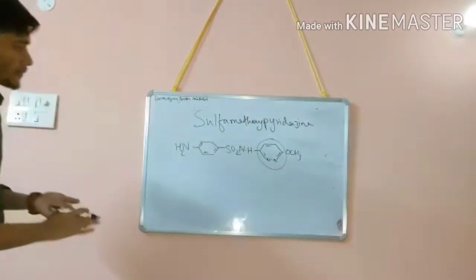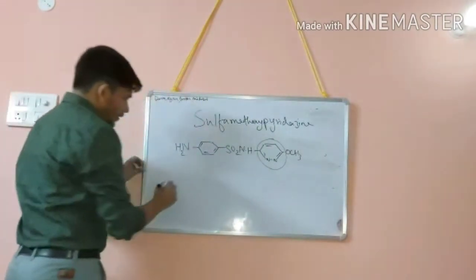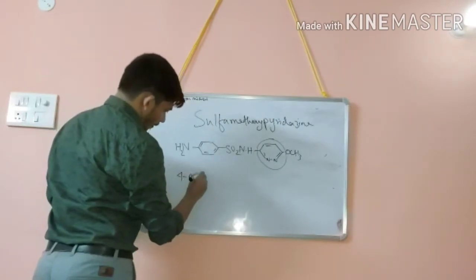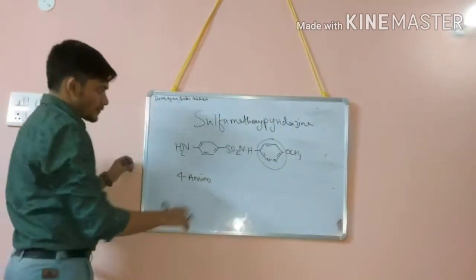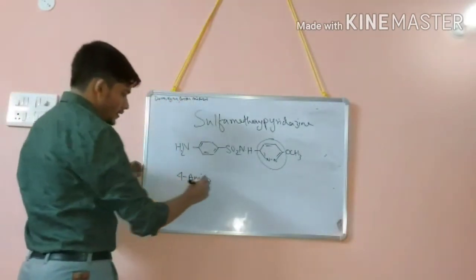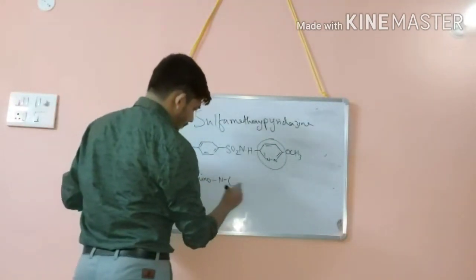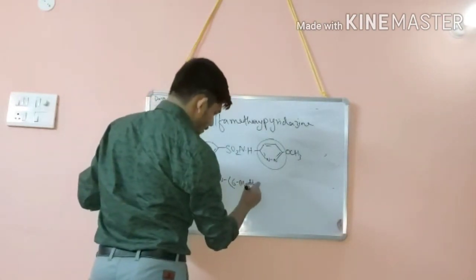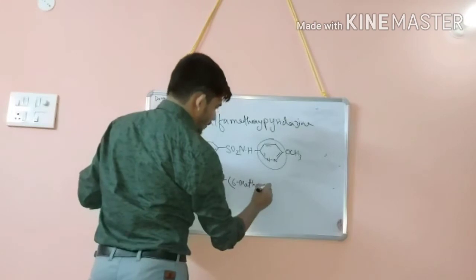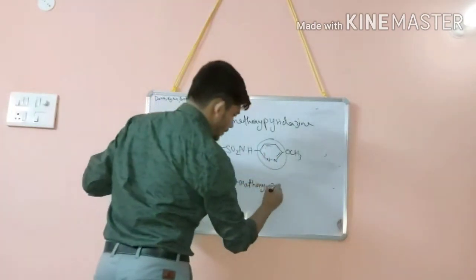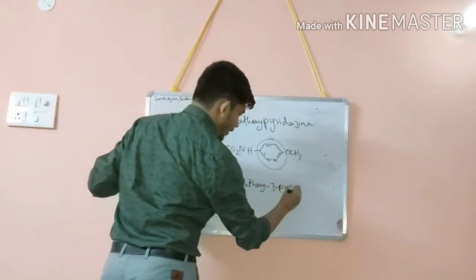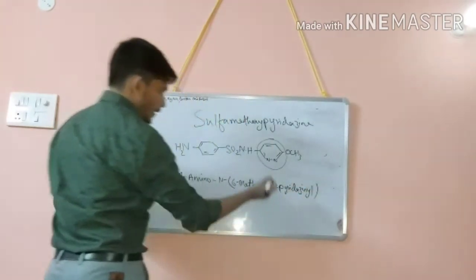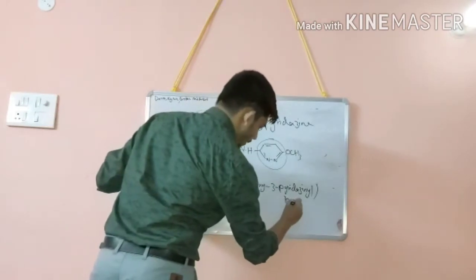So let us name the structure. Can you write like this? 4-amino. I am writing the nomenclature first, then I will explain. 6-methoxy, then 3-pyridazinyl, then benzene sulfonamide.